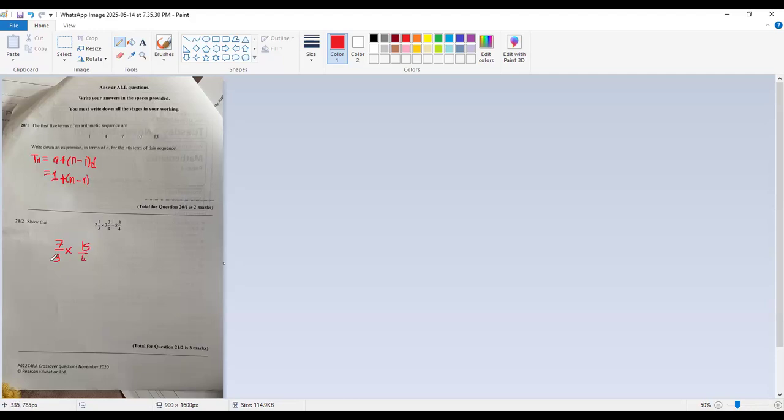Remember, this is multiplication, so we go across diagonally. So 3 will take itself out 1 time, and 3 will go into 15 how many times? 5 times. 7 and 4 are not compatible in the same manner, so we leave them like that. 7 times 5 will give me 35, divided by 1 times 4, which is 4.